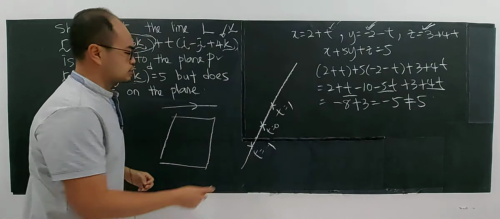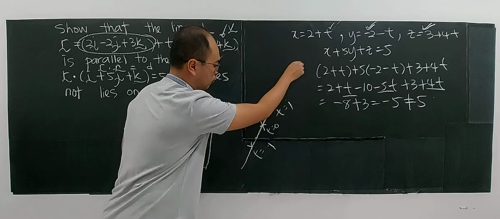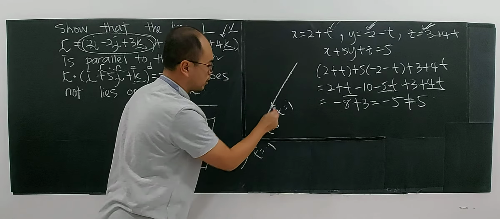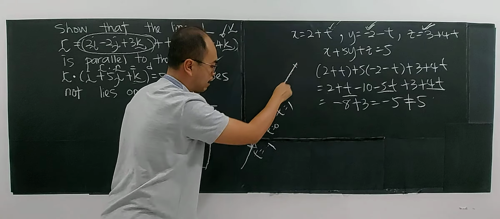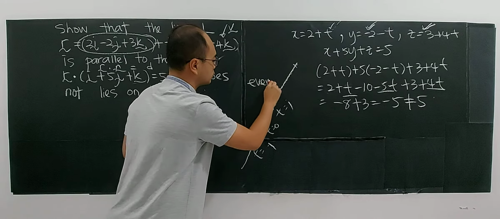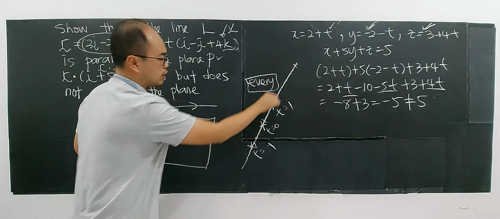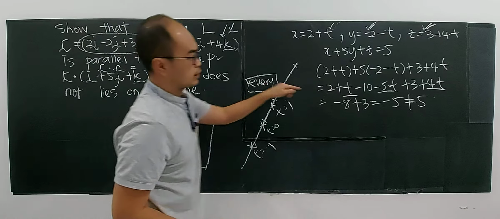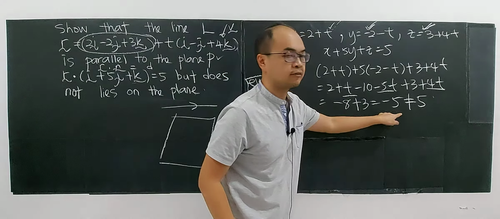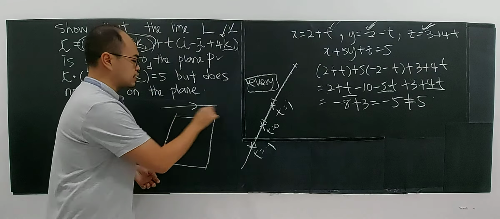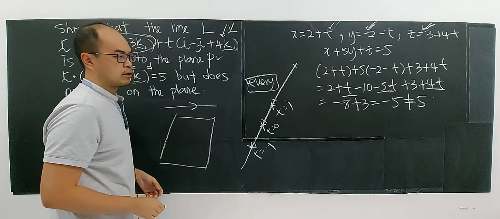Because you see, for any value of t, every point on the line with different values of t does not satisfy the equation of the plane, giving you -5. This has already shown that the line is parallel to the plane because of every point.